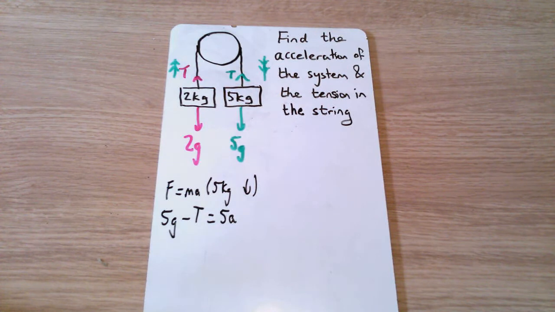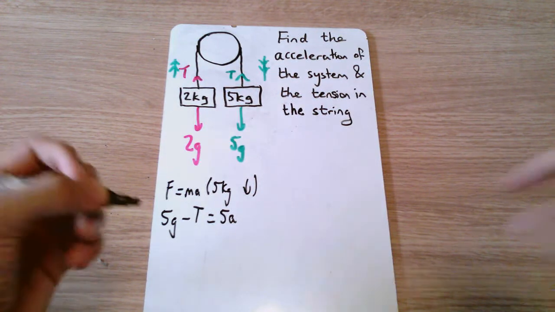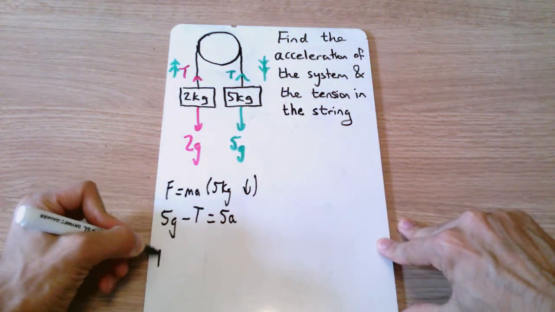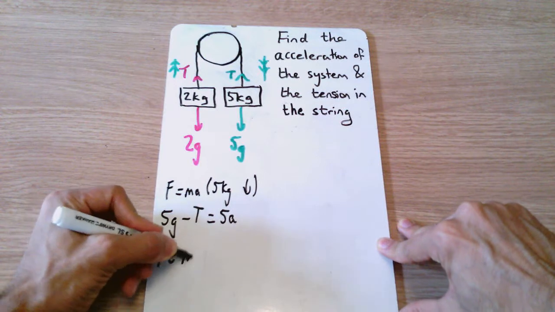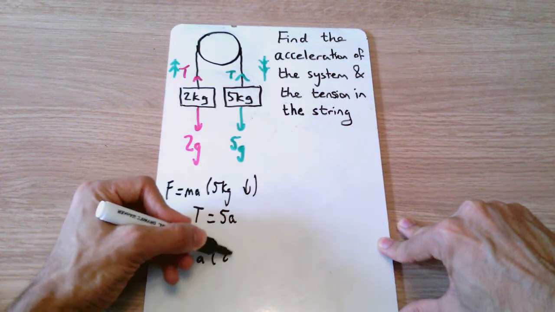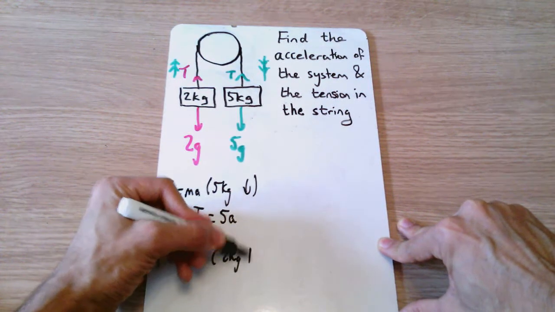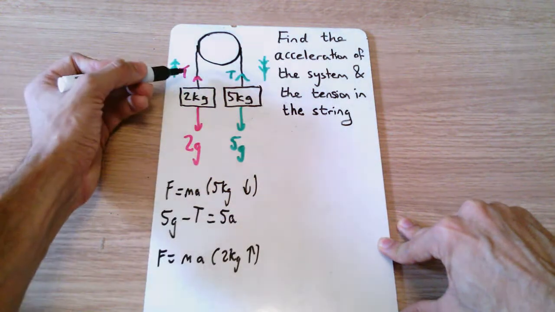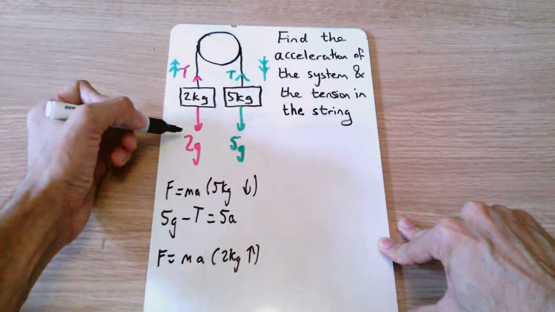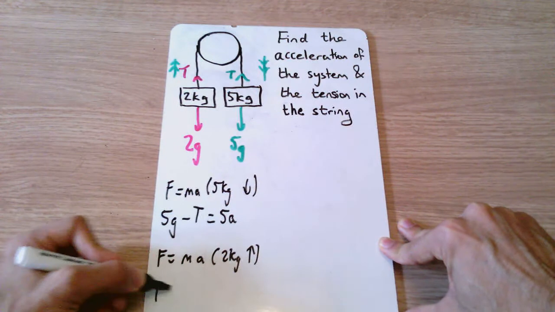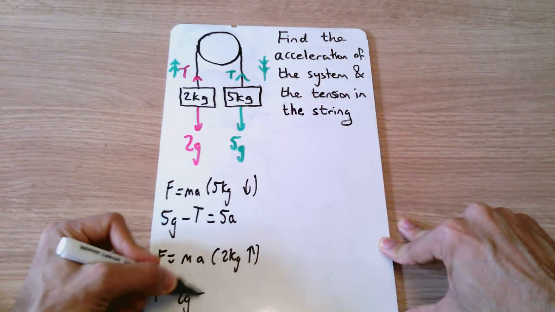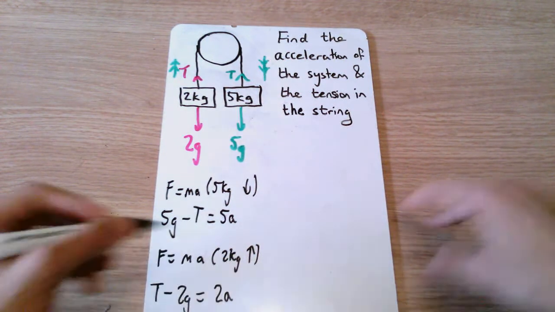If we apply the same principle for the 2 kilogram block, now the 2 kilogram block is not going downwards, it's going upwards. So we make our upward forces positive. Now in this case, that means the tension is our positive force, the 2g is negative. That gives us T minus 2g is equal to 2a.